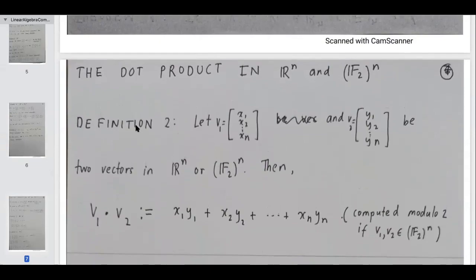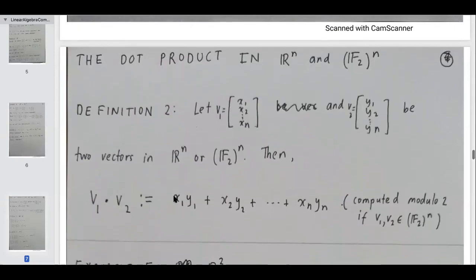So, definition: if v1 equals (x1, x2, ..., xn) and v2 equals (y1, y2, ..., yn) are two vectors in Rn or F2n, then v1 dot v2 is defined to be x1 times y1 plus x2 times y2 plus ... plus xn times yn. So what we do is we look at the first components, we multiply them, add to that the product of the second components, and keep adding, and then add to that the product of the nth components.